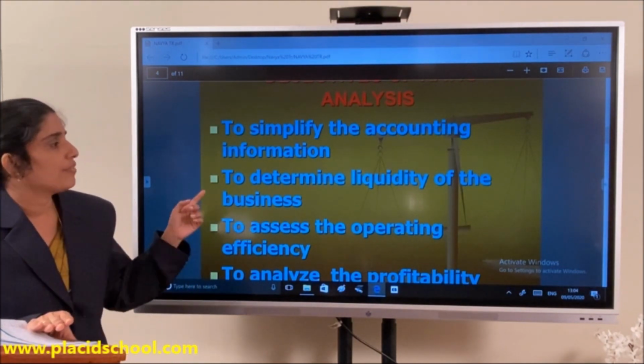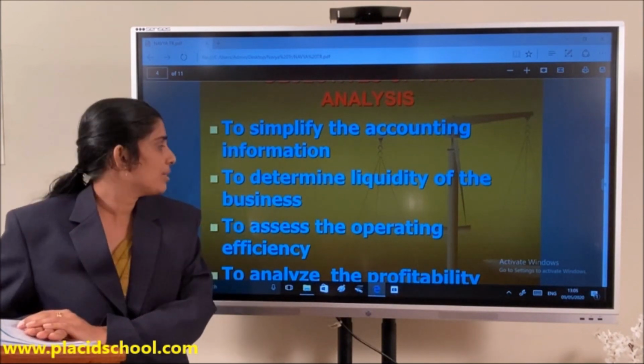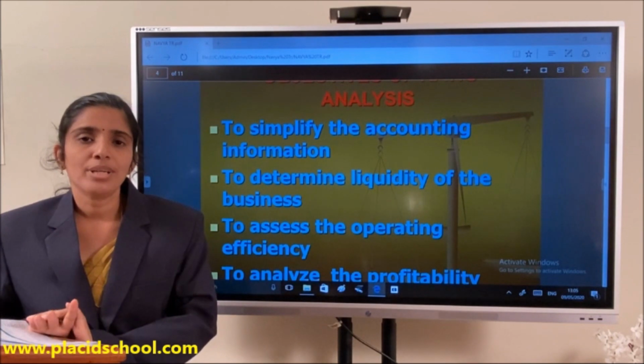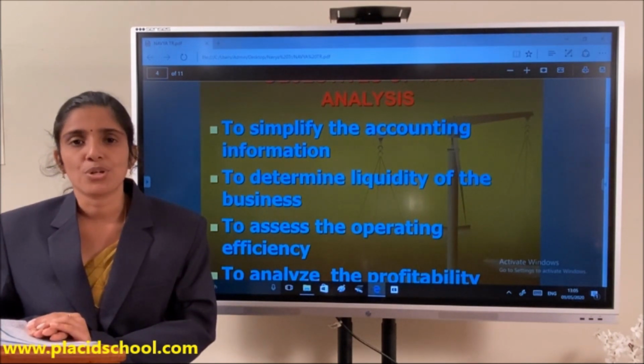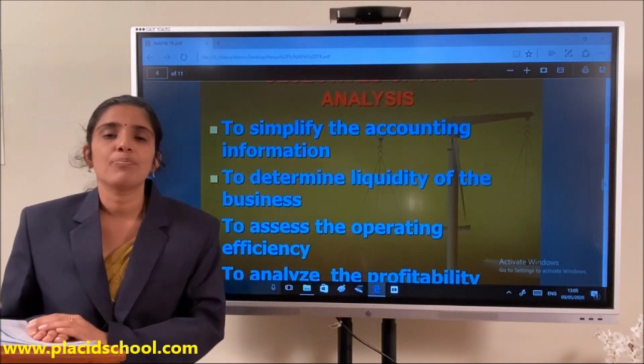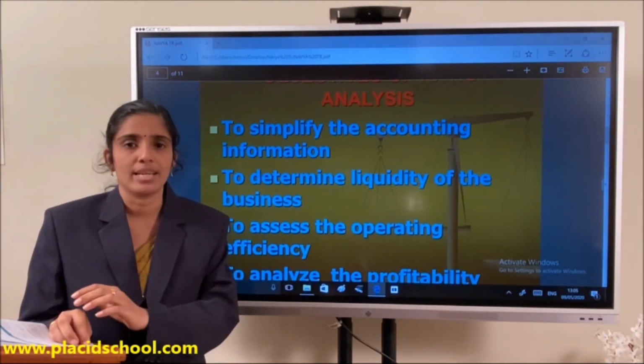Then the second objective is to determine the liquidity position of the business. What is liquidity? Liquidity means the solvency position of the organization. Solvency means the debt repaying capacity of the organization.